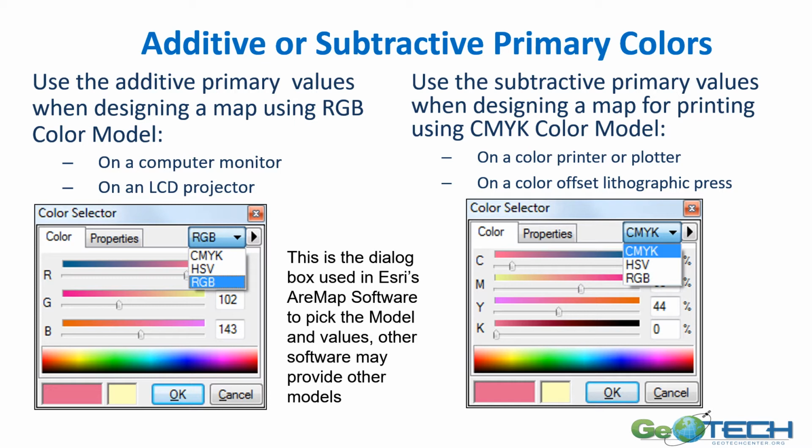For the subtractive one, this particular one is the CMYK color model. It's also used on a color printer or plotter or on a lithographic press. These are just two examples from ArcMap software of dialog boxes that allow you to set those values, and other software may use other models.